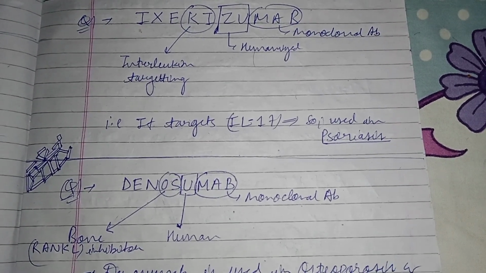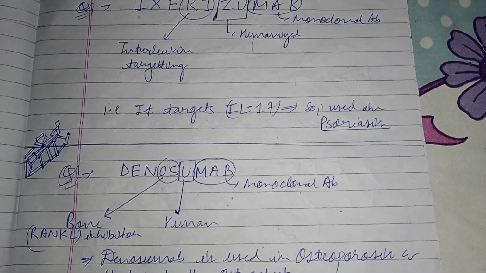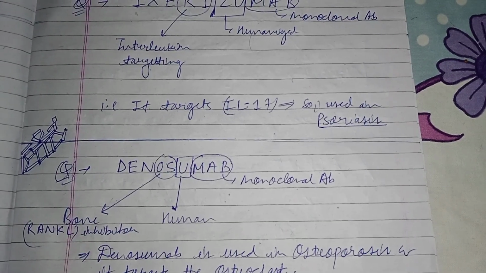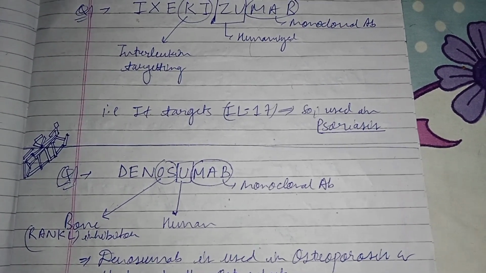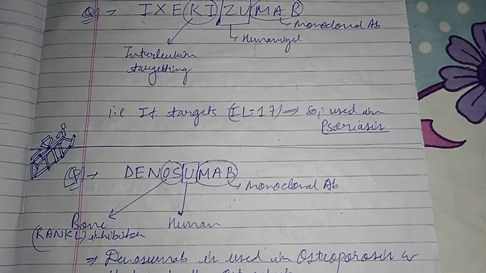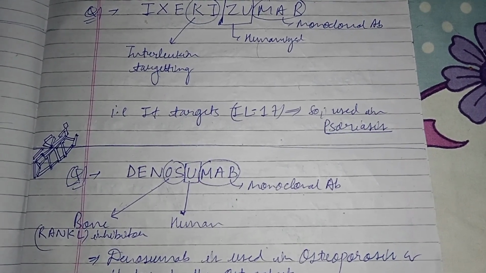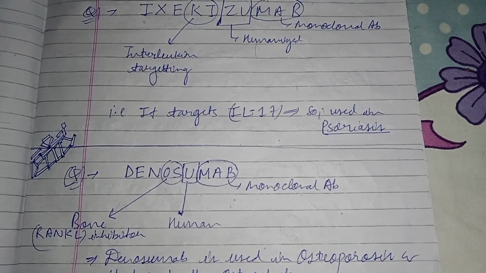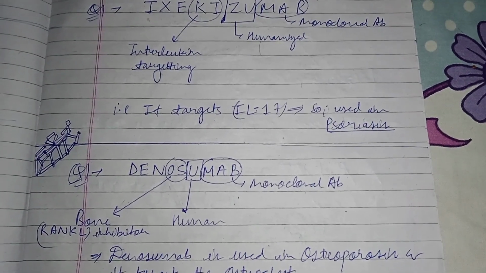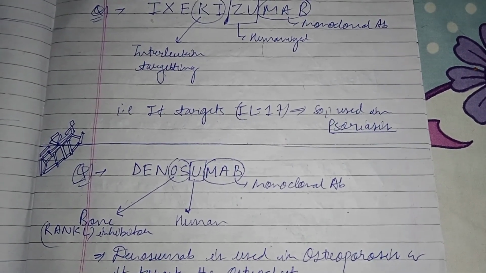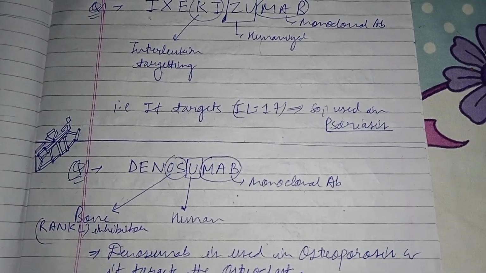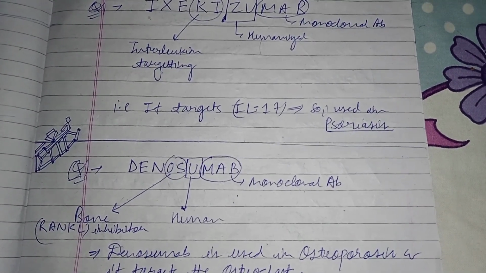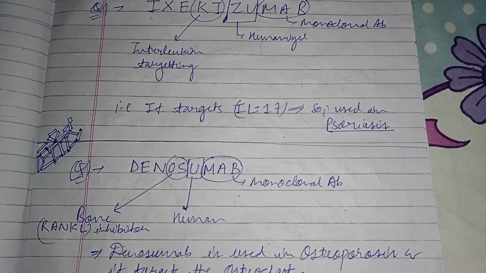Now let's move to the other example, denosumab. So what is denosumab? Denosumab, the last 3 alphabets, MAB is the stem, the backbone, that is monoclonal antibody. U over here tells us about the substem 1, that is human proteins.